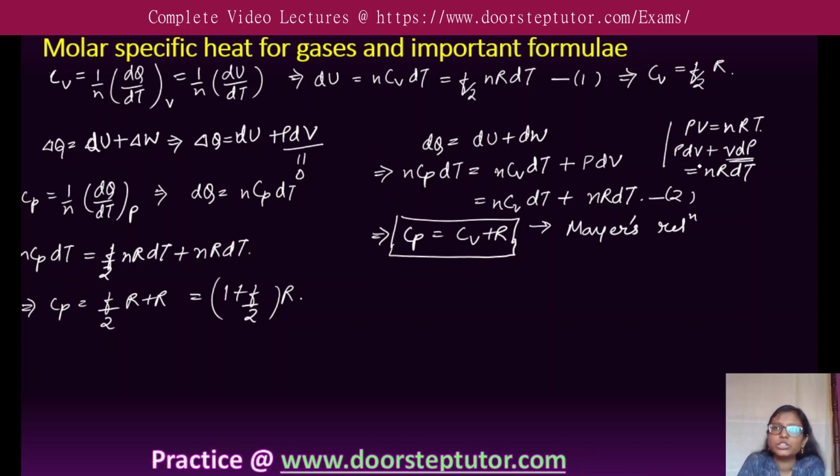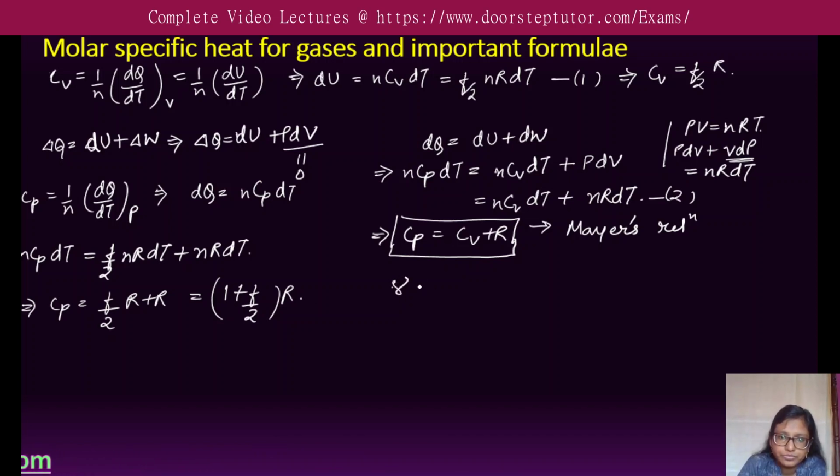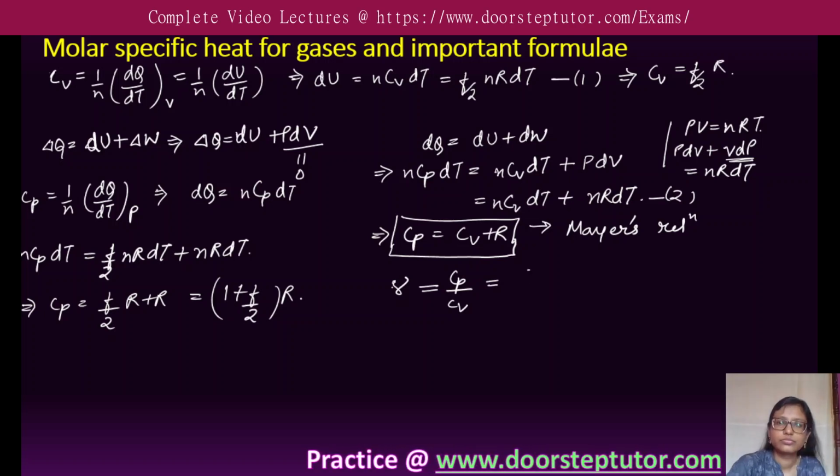Now the ratio of these two specific heats is given by gamma, and this is equal to 1 plus 2 by f, and from here we have one more relation for Cp and Cv.